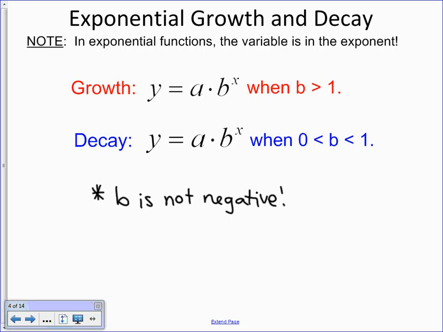The inequalities that I gave you restricted all the b's that were less than 1 to also be greater than 0. Therefore, b is never a negative number. a can be negative, the thing that you multiply in front, but b itself will always be positive. If it's negative, then it's not what we would call an exponential function.